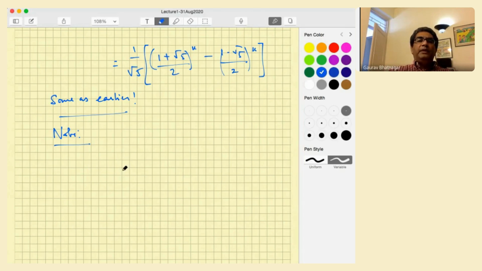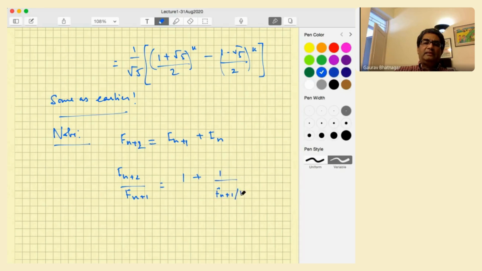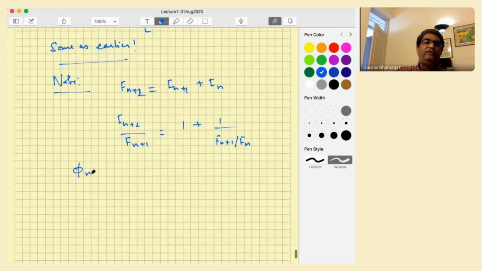Okay, so I'll draw some lessons, but first let me note something. What you can do is divide by fn plus 1, and write it like this. So let's take phi of n to be equal to fn plus 1 over fn, with n going from 1 to whatever.